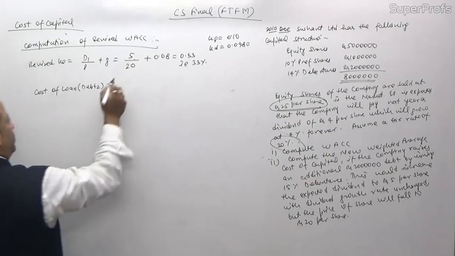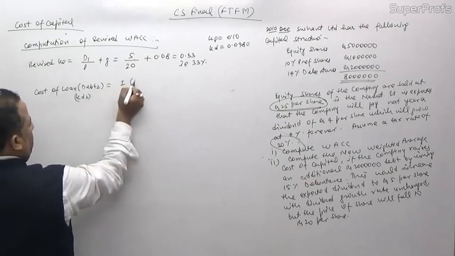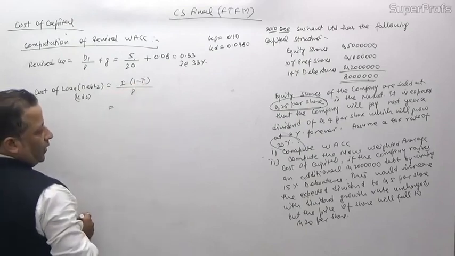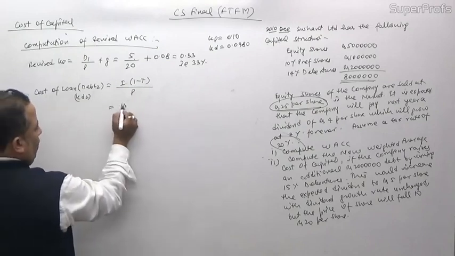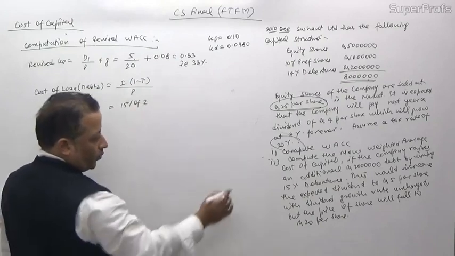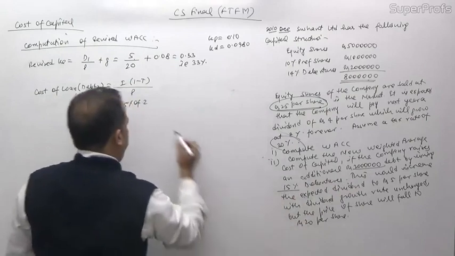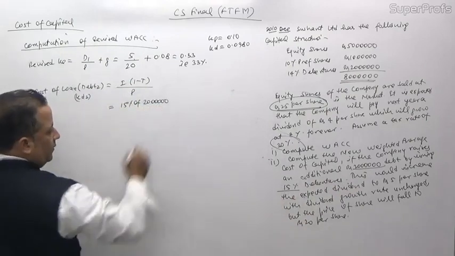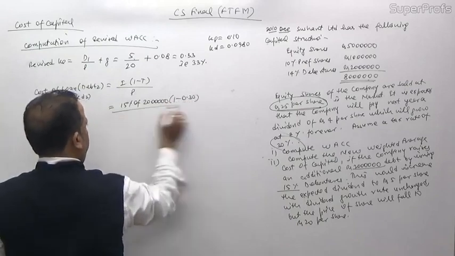And the cost of debt too, KD2, is I(1 minus T) divided by P. Interest amount is 15% of the additional 20 lakh rupees the company borrows. The tax rate is 30%.